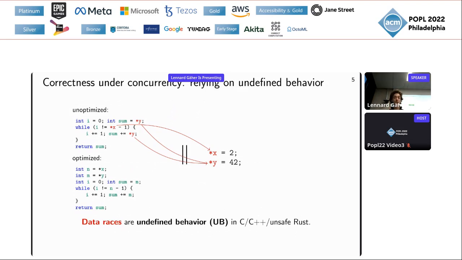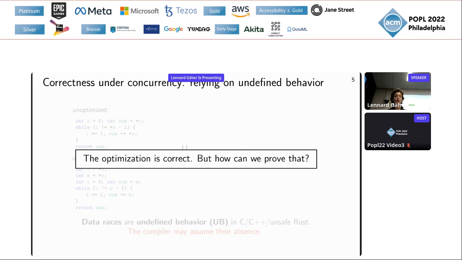And in C and C++, programs with data races have undefined behavior, or short, UB. This means that the programmer has to guarantee the absence of data races, and so the compiler can assume that no concurrent thread is writing to x or y. So the optimization is correct, but proving so requires reasoning about concurrent program optimizations relying on UB of data races and involving loops.